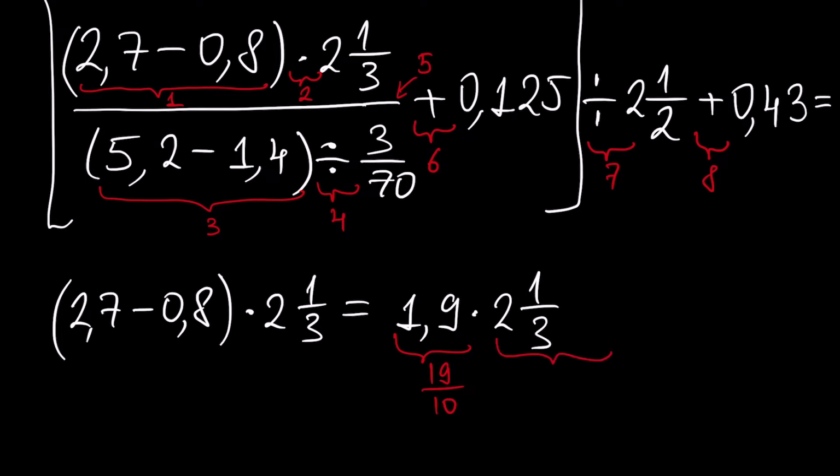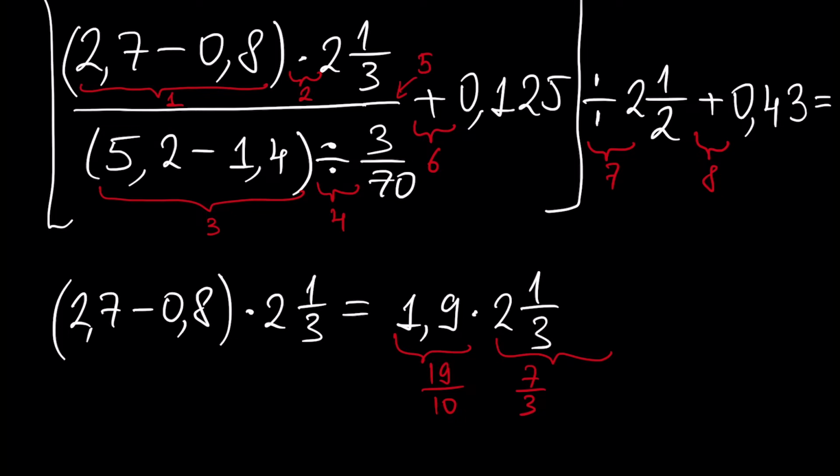And this mixed number with whole part and fractional part is equal to 2 times 3 plus 1, 7 over 3. If you don't understand it, watch our video series called Arithmetic, and everything which is given here is explained in this video series.